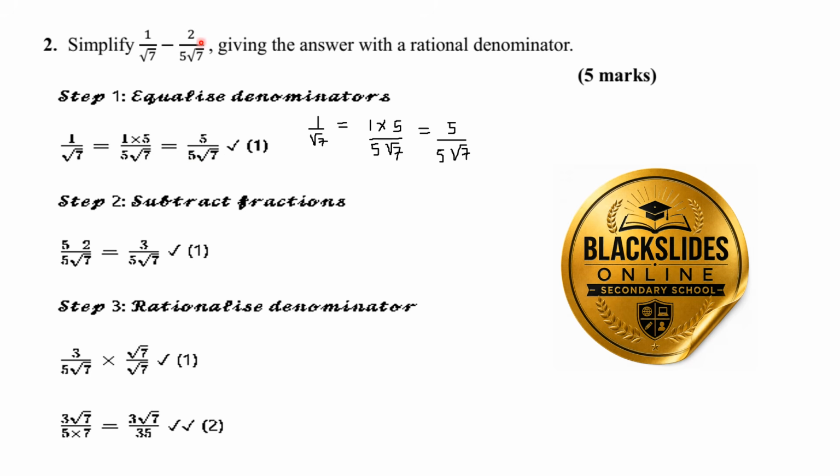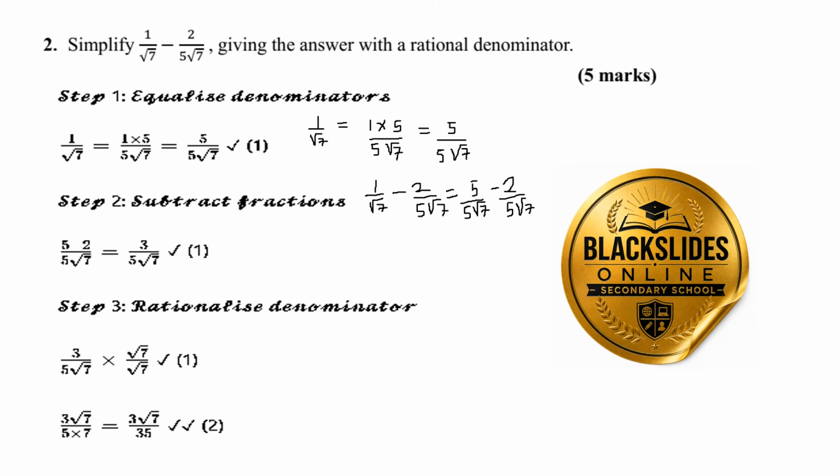We did this in order to make the denominators the same, so that 1 over root 7 minus 2 over 5 root 7 is the same as saying 5 over 5 root 7 minus 2 over 5 root 7. It's the same thing.